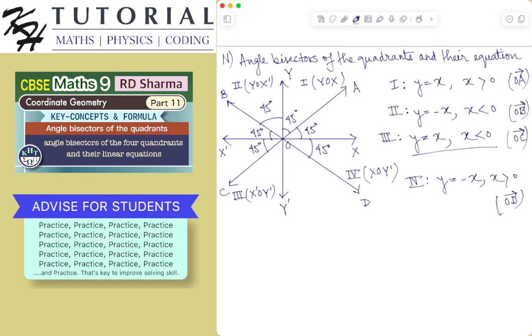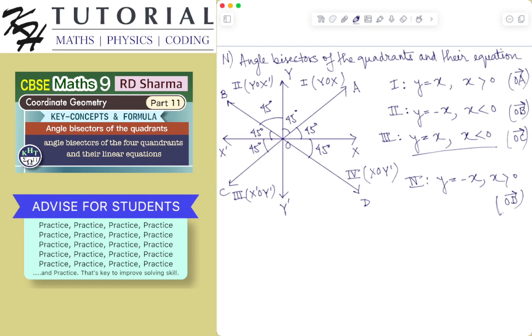All the points lying on the angle bisector of the first quadrant, their abscissa value has to be greater than 0, and of course they must obey the signs of the abscissa and ordinate of all points in the first quadrant.